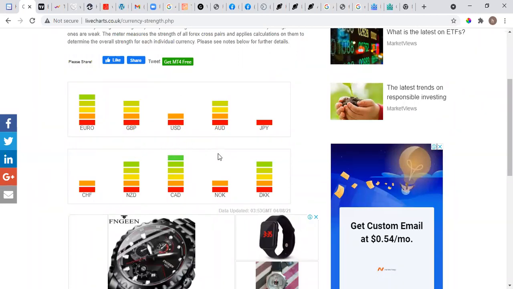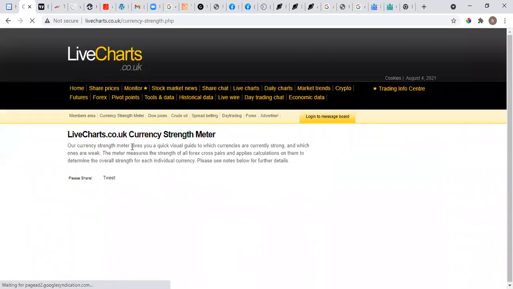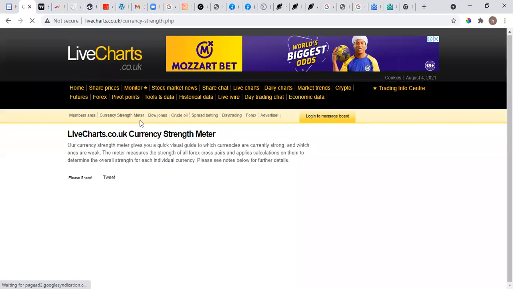We're not looking at figures, we're not looking at lines, we're just looking at bars, just like your phone battery. You always want to refresh every time you want to use it, because we are doing HFX. HFX is in a matter of seconds, minutes, so you want to refresh each time because it changes.